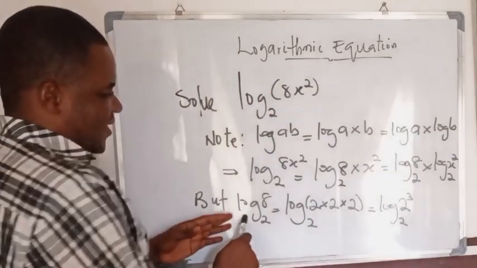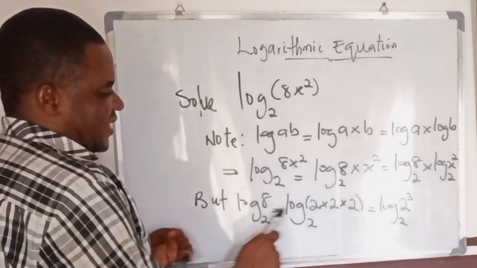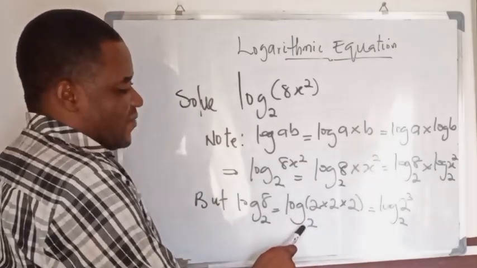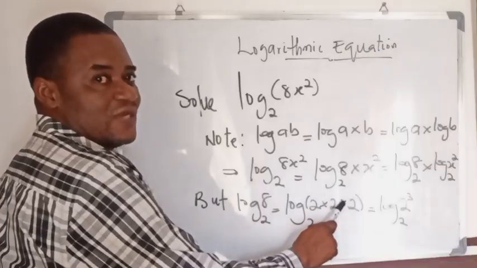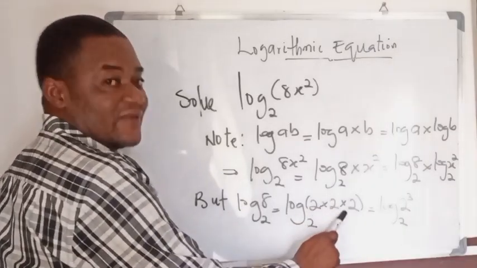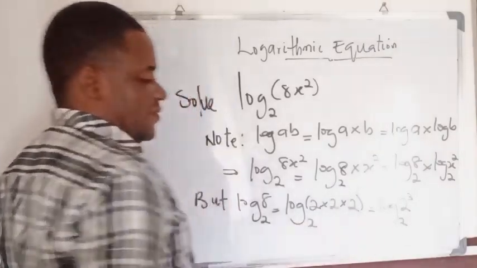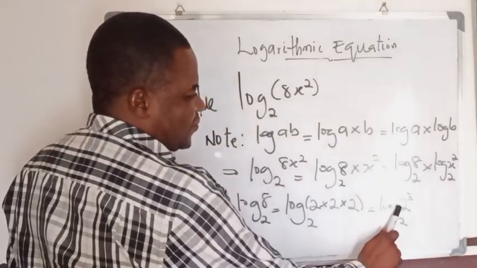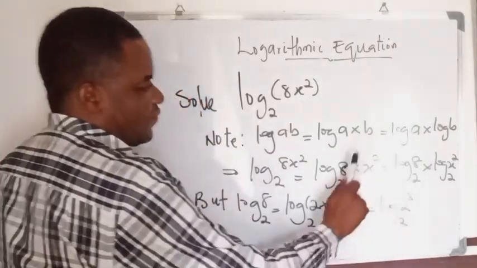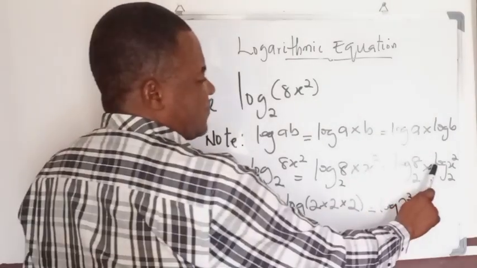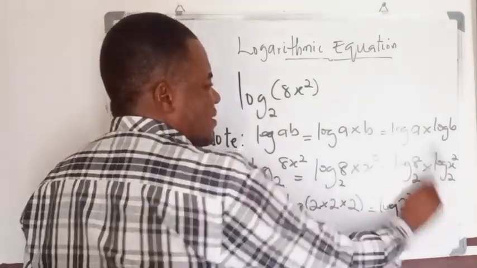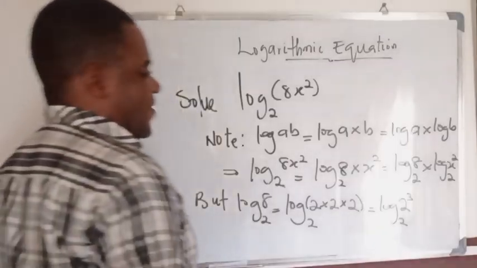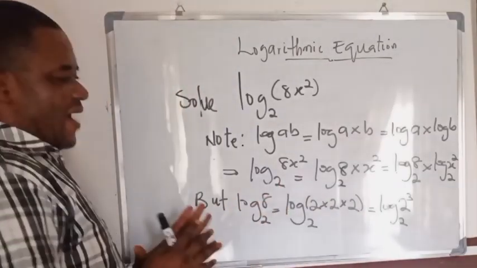So for log 8, we can have it as 2 times 2 times 2 base 2, and we can also write 2 times 2 times 2 as 2 raised to power 3 base 2. In this way, we have obtained log 2 raised to power 3 base 2 for log 8, and we also have log x raised to power 2 base 2. We can now bring this back and rewrite it.